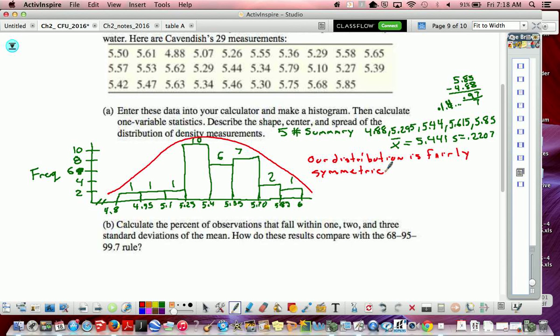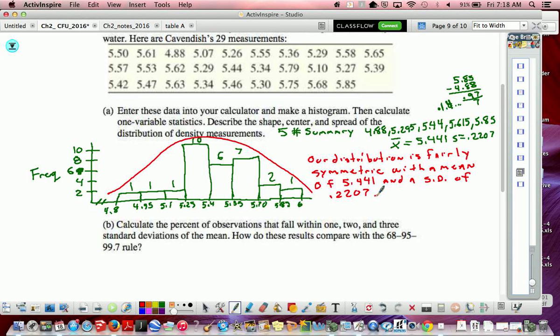So that means I'm going to use the mean and standard deviation, with a mean of 5.441 and a standard deviation of 0.2207.